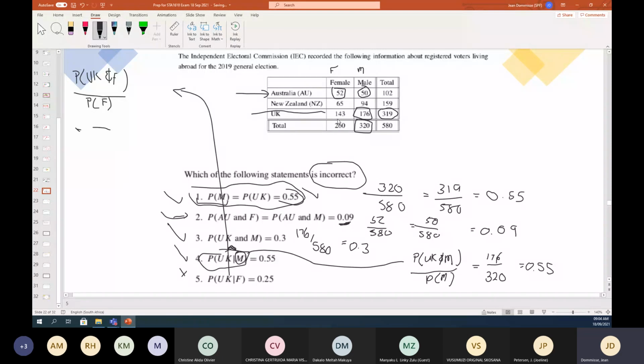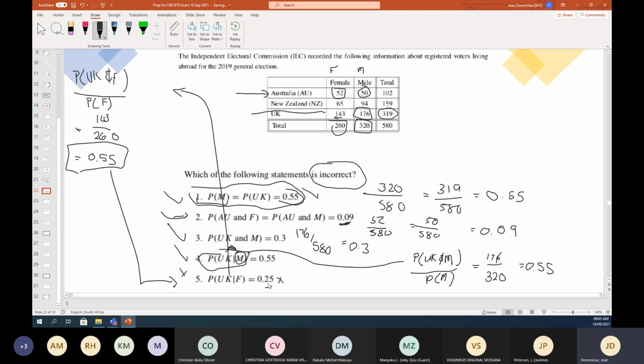UK and female, it's the 143, given that they are female, 260. So that answer should be 143 divided by 260, which also gives you 0.55. That's quite interesting. The answer that they give us is 0.25, so that is why this one is wrong.